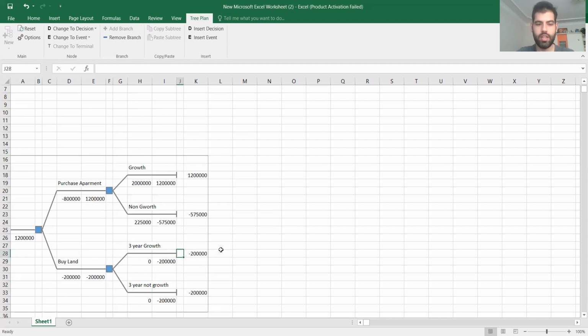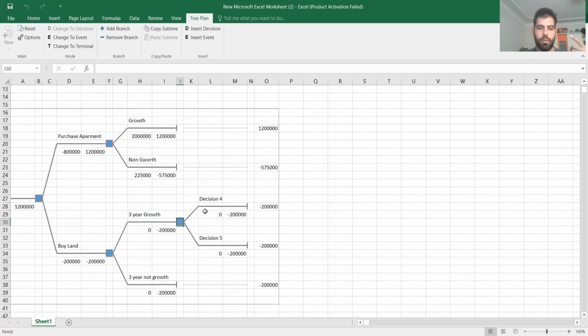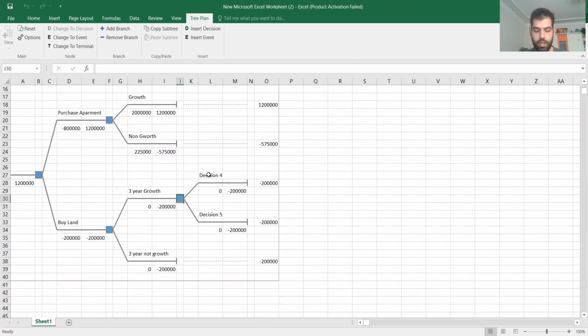On the growth side, if it grows in the trial, we still have a huge chance to build an apartment on our land, or we can sell our land. So sell land, and also build.